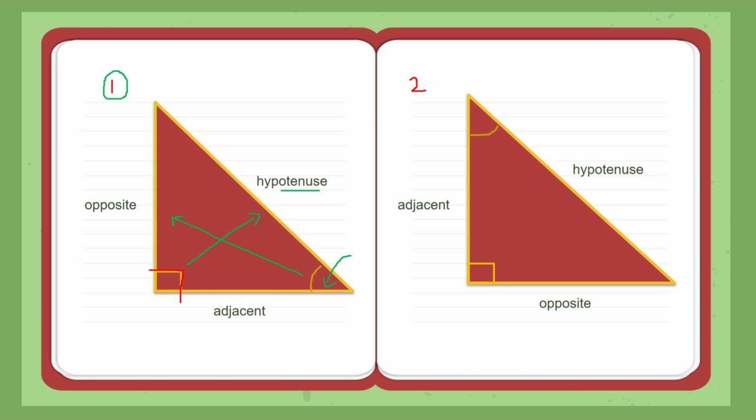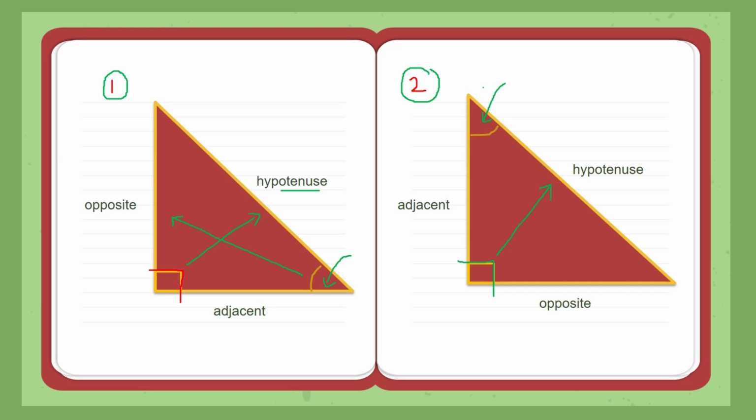Now let us look at the second right angle triangle. This is the 90 degree right angle, and the side which is facing the right angle is called the hypotenuse, and here I have highlighted this angle.